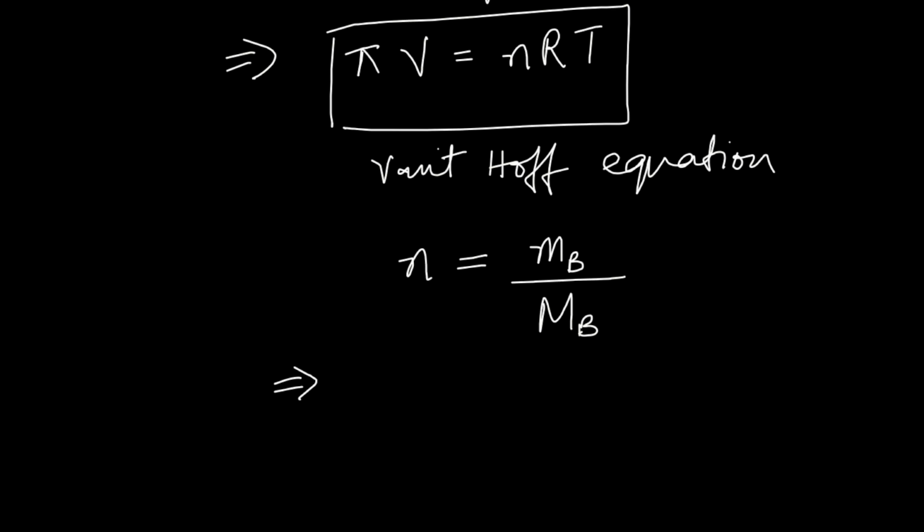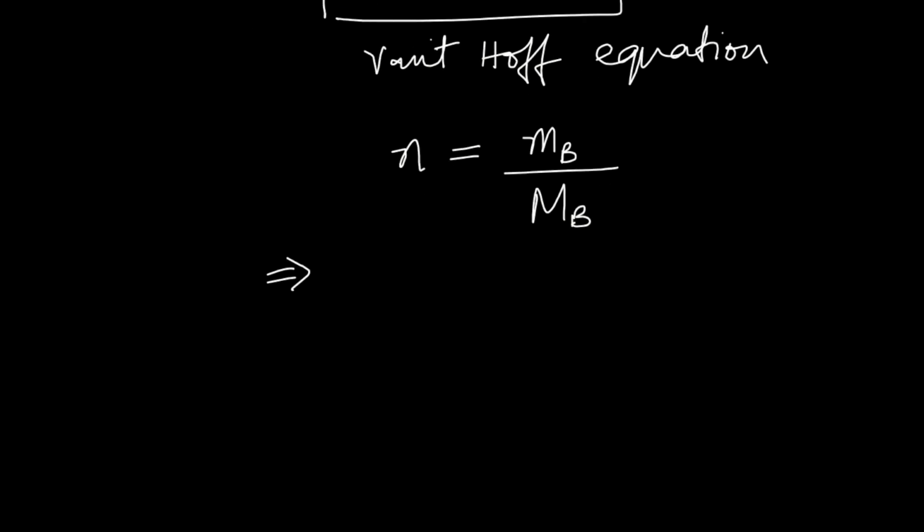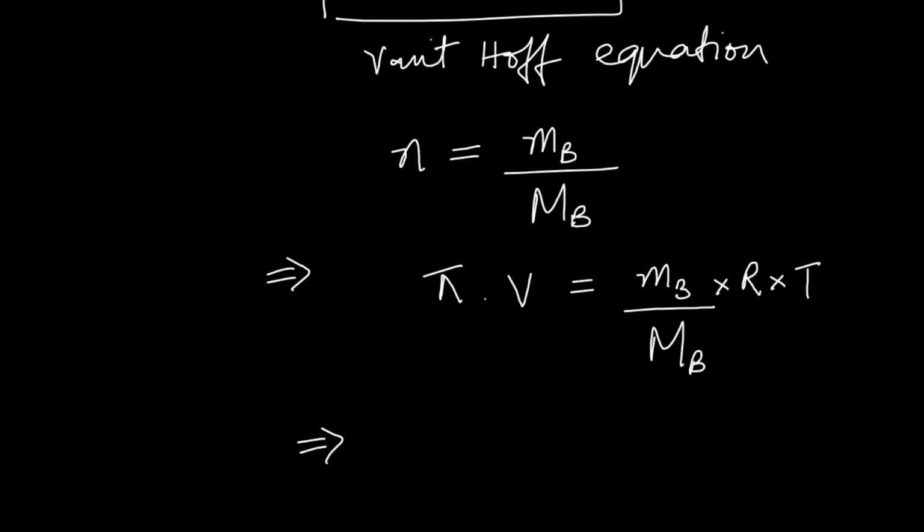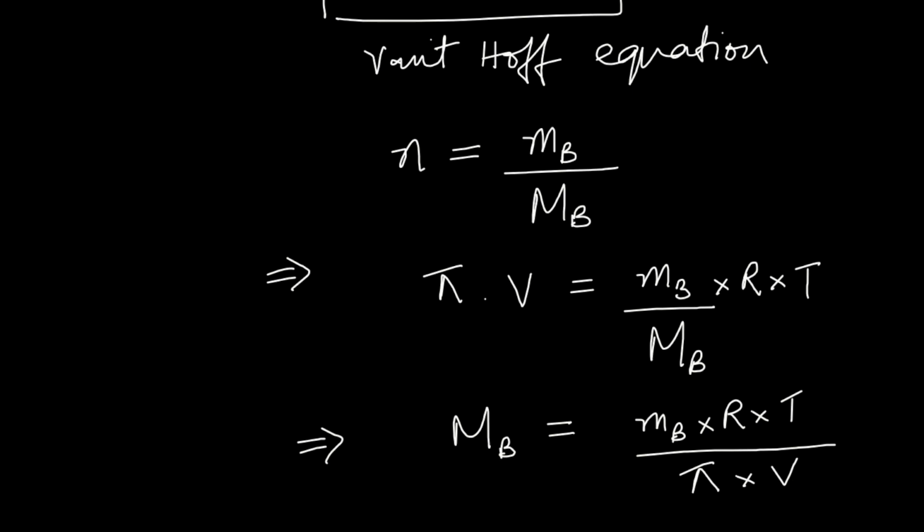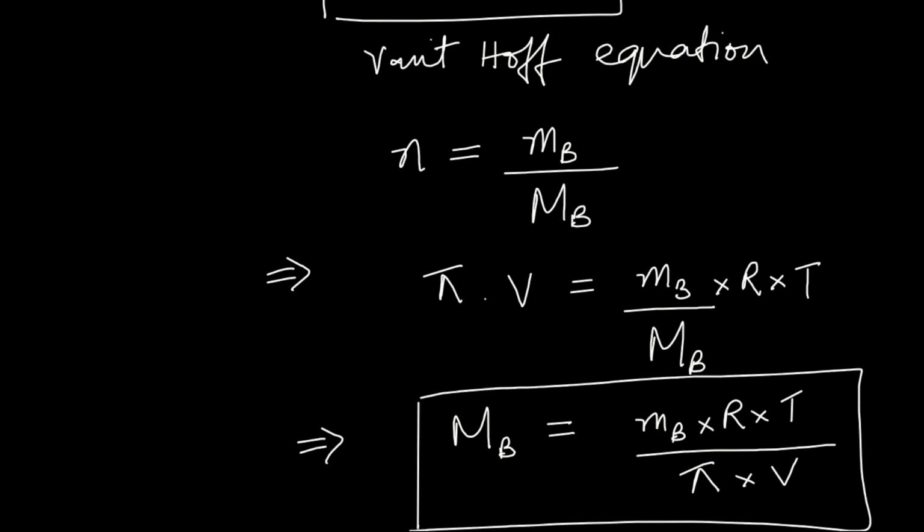By substituting this value into the relation for osmotic pressure, we get pi into V is equal to mB by capital MB into R into T. Thus, by measuring the osmotic pressure pi of a solution containing m grams of the solute in V liters of the solution at a temperature T, the molecular mass of the solute can be calculated using this equation.